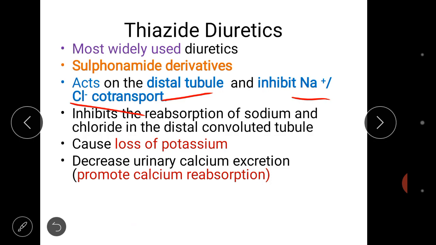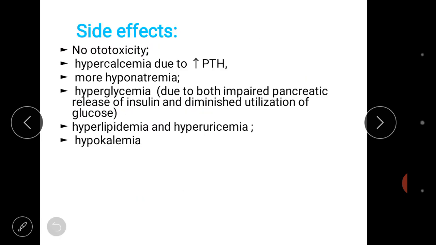Inhibiting the reabsorption of sodium and chloride causes loss of potassium also. When sodium does not get reabsorbed, potassium is also lost. They decrease urinary calcium excretion, by increasing parathyroid hormone action. Calcium will not get excreted through the urine because of increased calcium reabsorption.